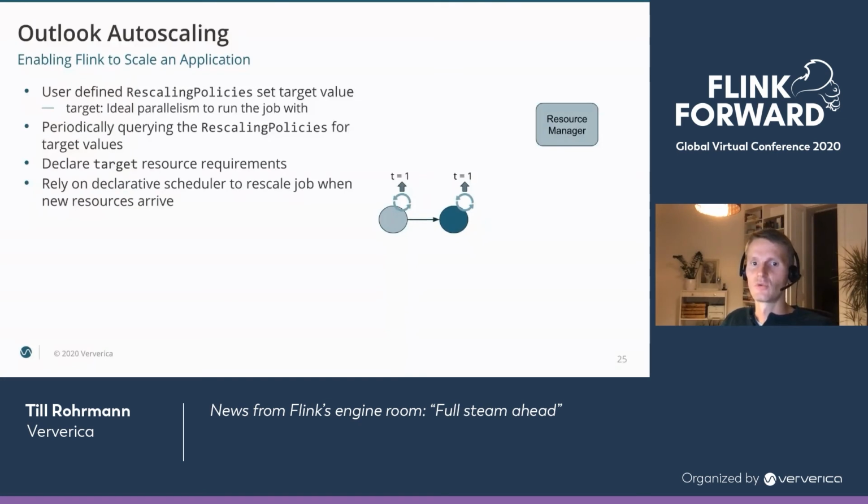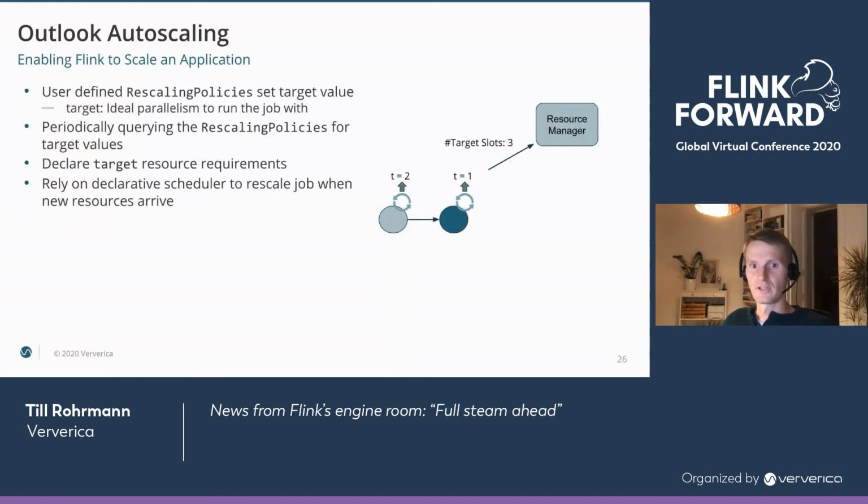So this would then be the target parallelism, which the system tries to achieve. And if this rescaling policy can be user defined, then the user can decide on how it behaves. The rescaling policy will be periodically triggered by the system to gather the resource requirements, which are then given to the resource manager.